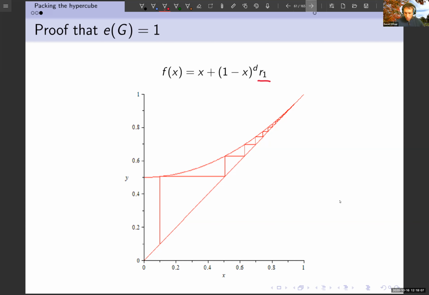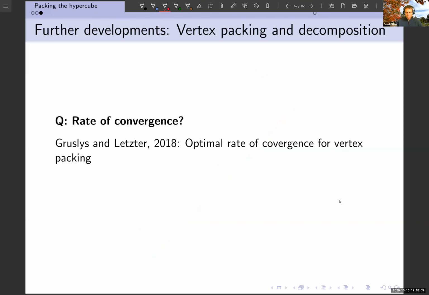Okay, so for both vertex packings and edge packings, we can start with any packing, augment, and the densities eventually approach 1 no matter what fixed subgraph we have. Once we knew that, what were the remaining questions?